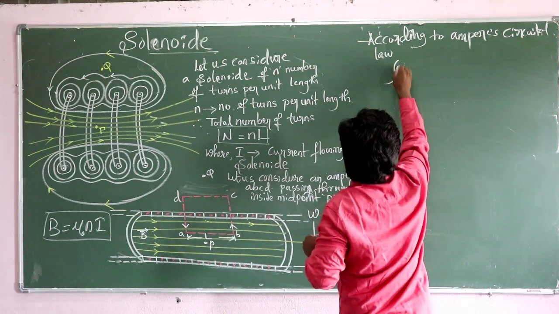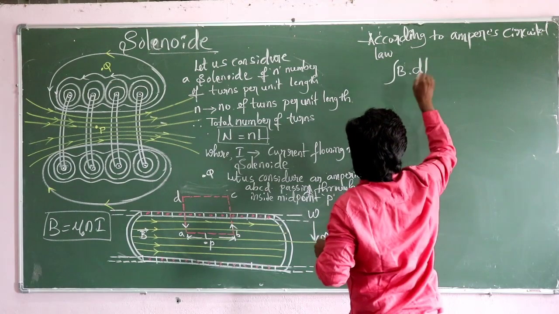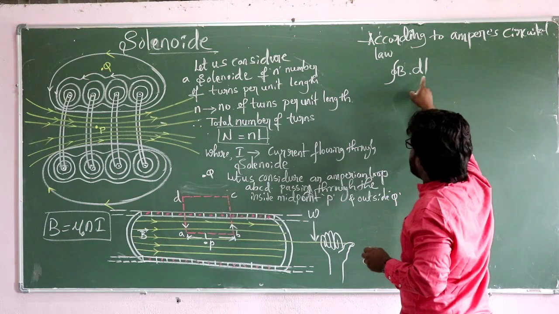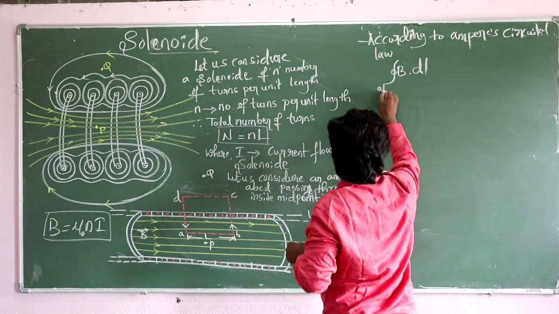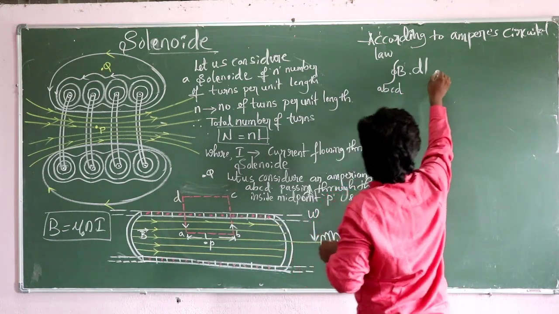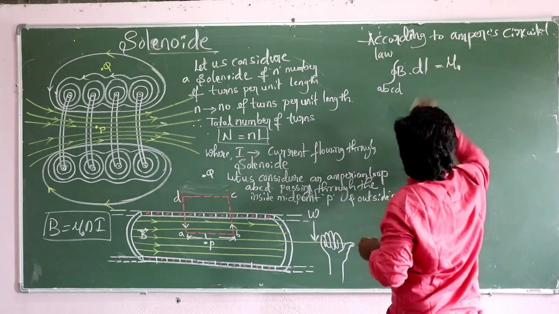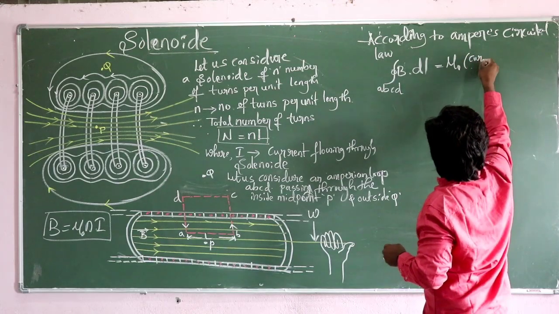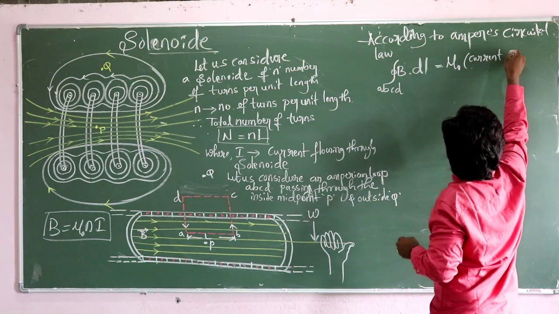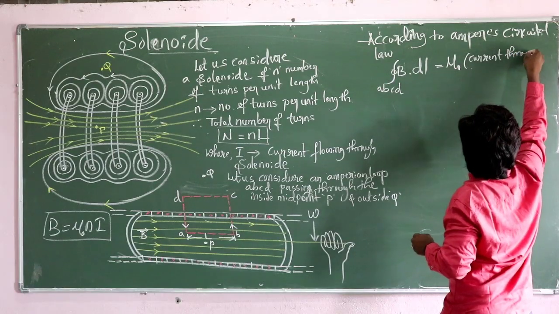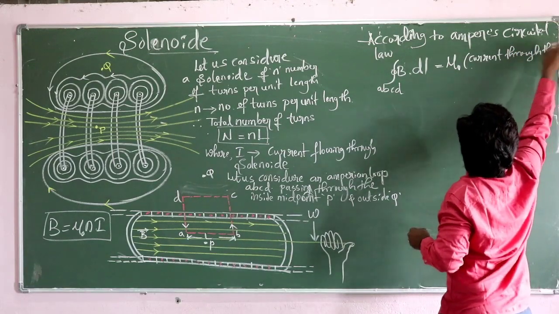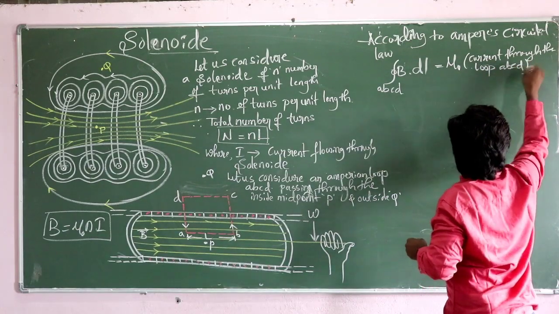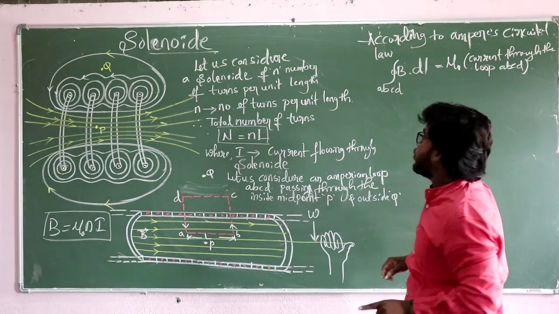The line integral of the magnetic field B dot dl along the loop ABCD is equal to mu naught into the current through the loop. Which loop? ABCD. Current through the loop ABCD, this is a very important point.